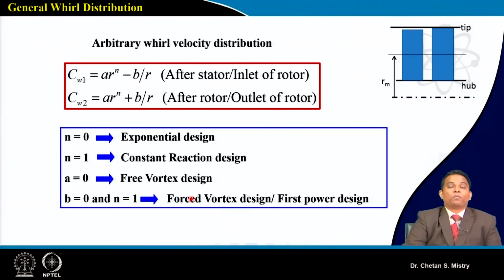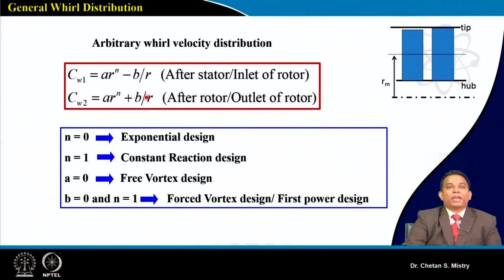So we are more interested in considering arbitrary variation of the whirl component, because we have realized we will simplify our calculation by assuming the free vortex concept, but still we need to go with other approaches too in order to understand what is happening.